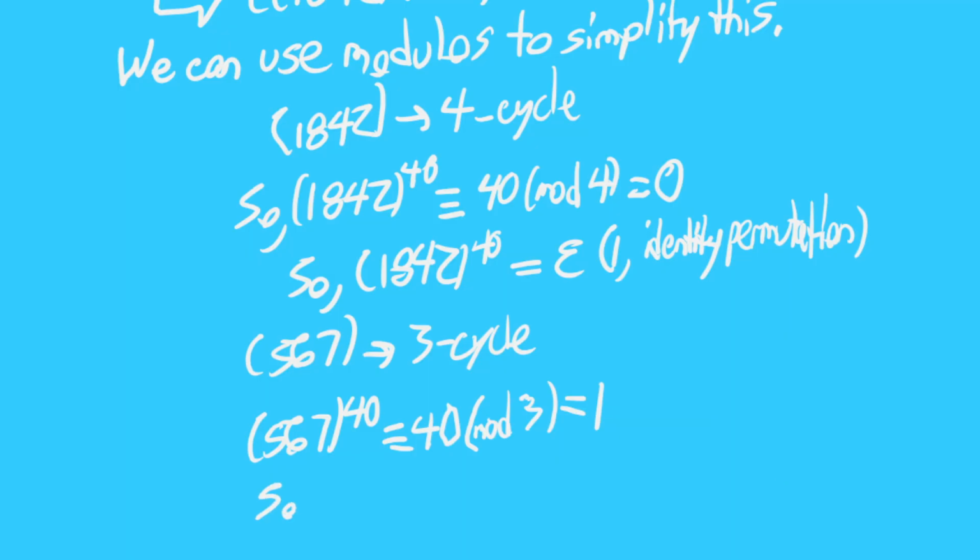So (5 6 7) raised to the 40th just equals itself, (5 6 7), since it's logically equivalent to 1.